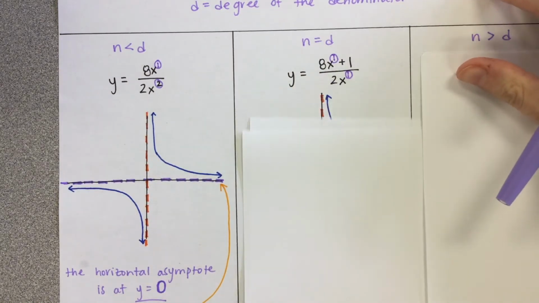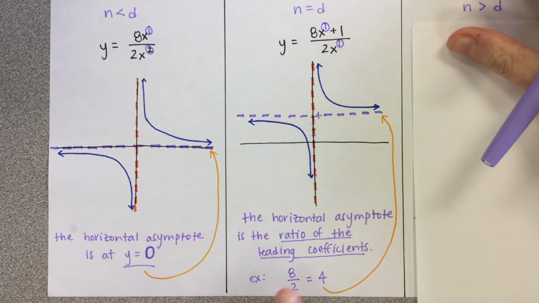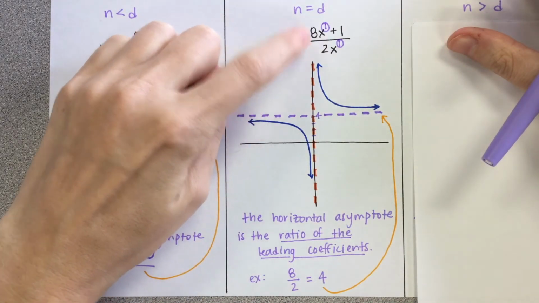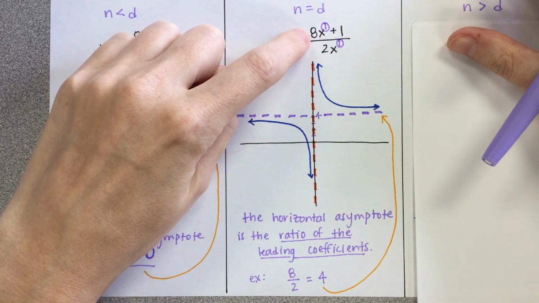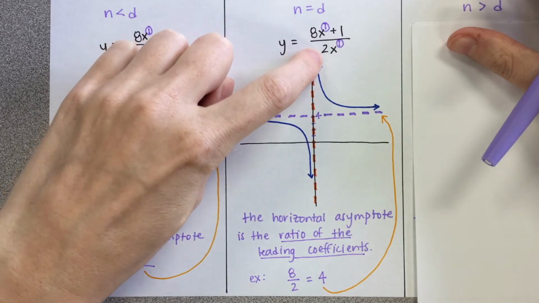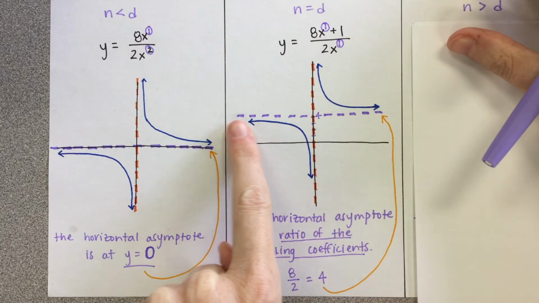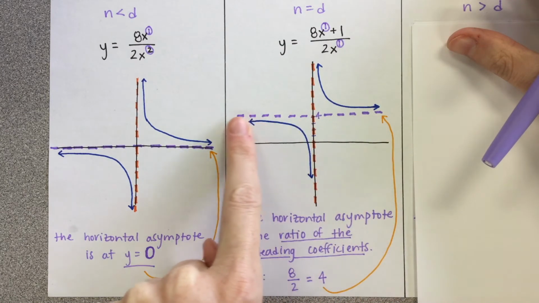So in that case, the horizontal asymptote is the ratio of the leading coefficients. So the leading coefficient of the numerator was 8, and the leading coefficient of the denominator was 2. And so the horizontal asymptote of this graph is the ratio of 8 over 2, which is 4. That is why this graph has a horizontal asymptote at y equals 4.